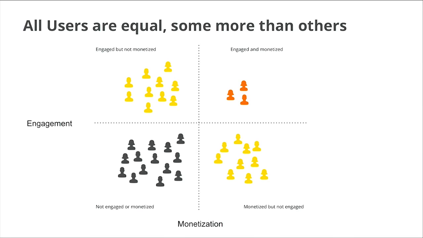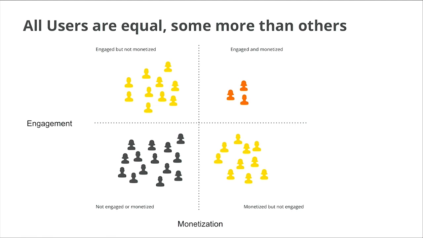I'll just walk over this chart a little bit. So the y-axis is the monetization line. Everyone to the right of the y-axis is a well-monetized user, and everyone to the left is not. Similarly, for the x-axis, everyone to the top of the x-axis is highly engaged in your game, and everyone to the bottom is not.